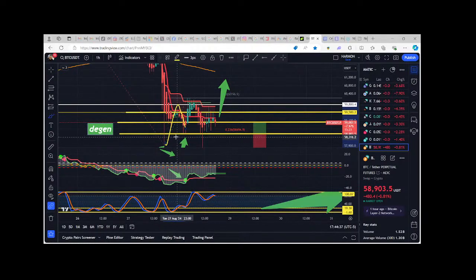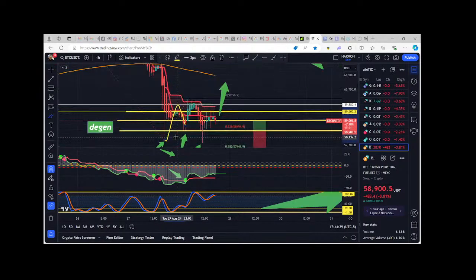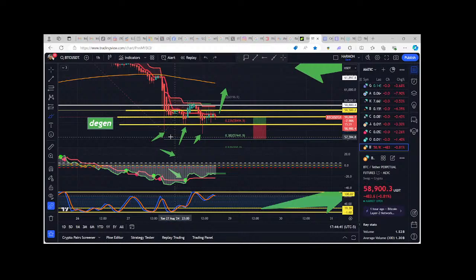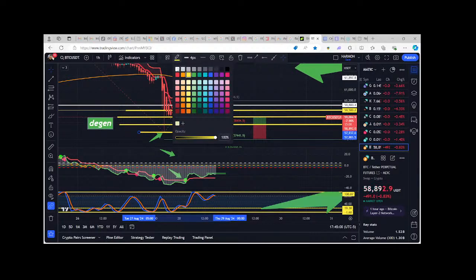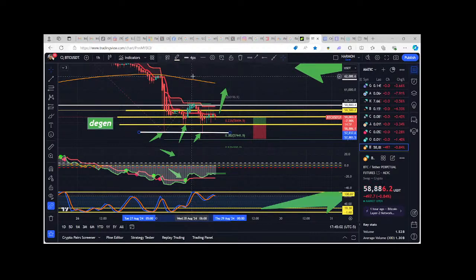So now that we have these two areas, we can see that we have this point here, level 1, we have level 2 and level 3. And now what we want to do is look at, you can see these two levels here hit, right? Now this here is the super patient zone, this white line here, right?